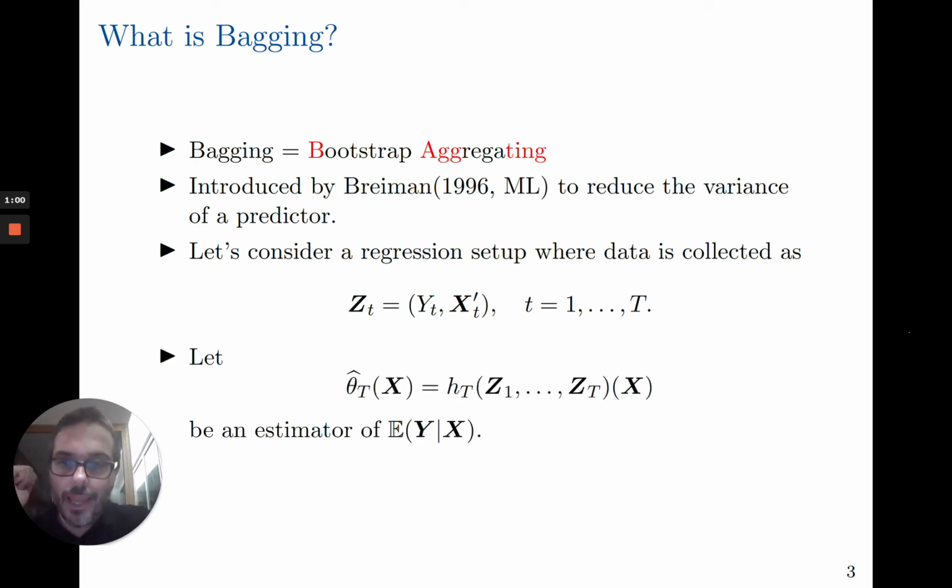And let's define a statistic that we call theta hat of X, that will be a function of the data, of all the sample, so that's why we have here all the Z's, evaluated at X. And let's assume that this theta hat is an estimator of the conditional expectation. So again, as in the previous block, our goal is to estimate this conditional expectation.